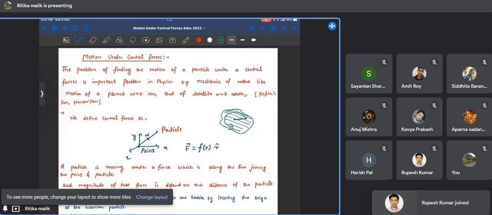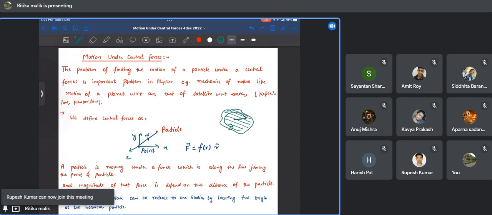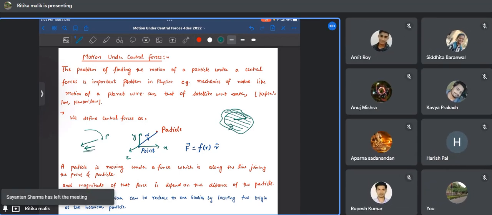The problem generally encountered in central forces is a kind of force which is always towards a point, and you have another particle which is going to face this force, always towards the center of this point.